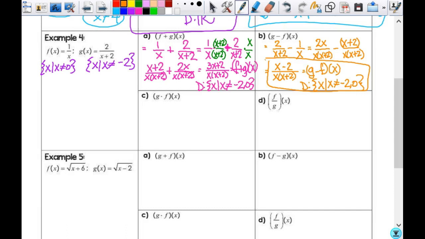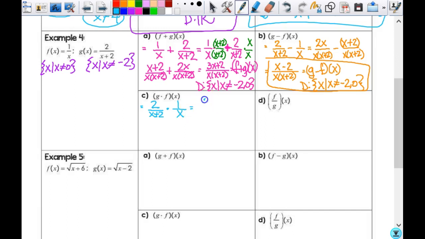All right, g times f of x. So g is 2 over x plus 2 times f of x, which is 1 over x. Do I have to get a common denominator? No, I do not. You do not have to get a common denominator when you're multiplying. That's nice. Multiplying fractions is super easy. We just multiply straight across.